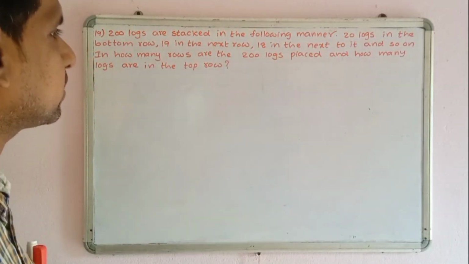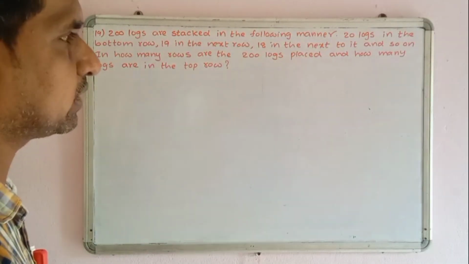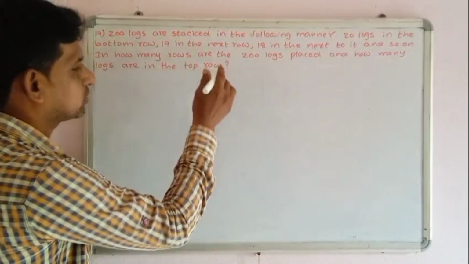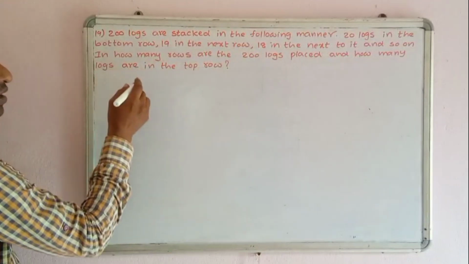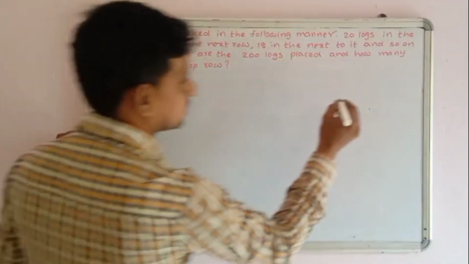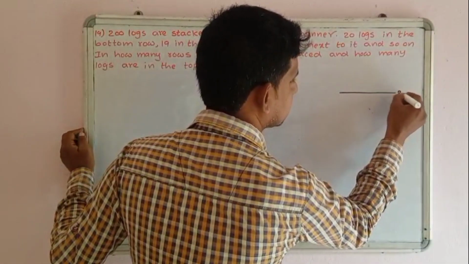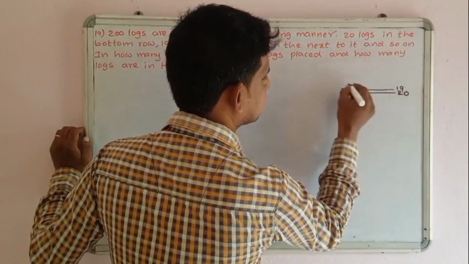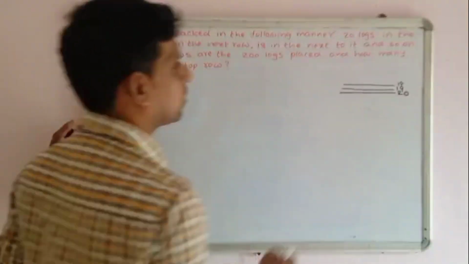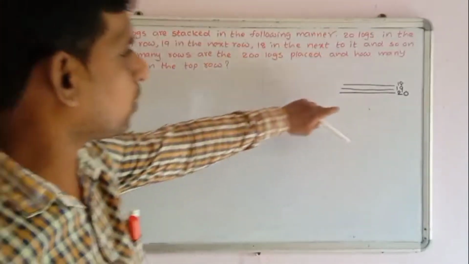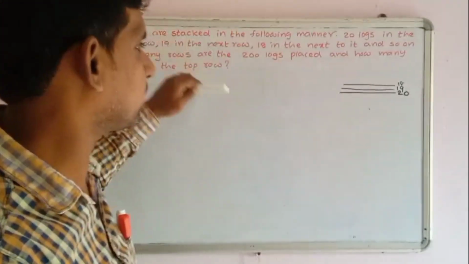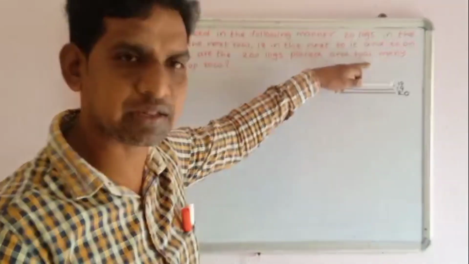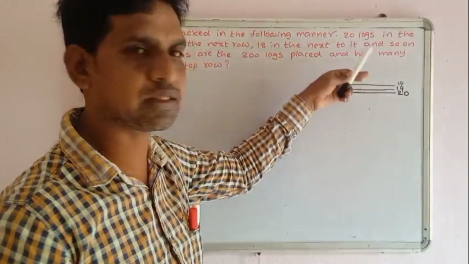How many rows are there for 200 logs, and how many logs are in the top row? I don't know how many rows, so first find the rows and then how many logs are in the top row.